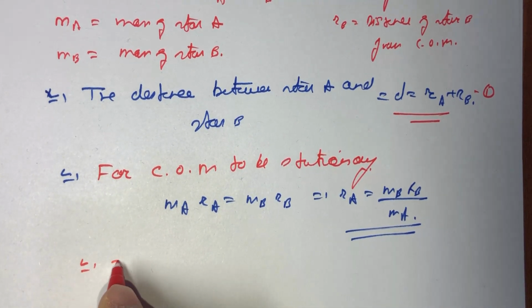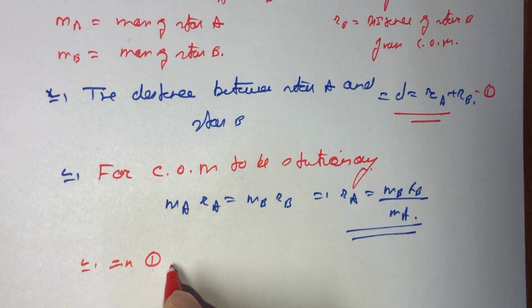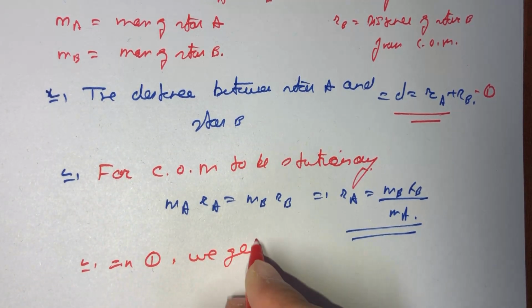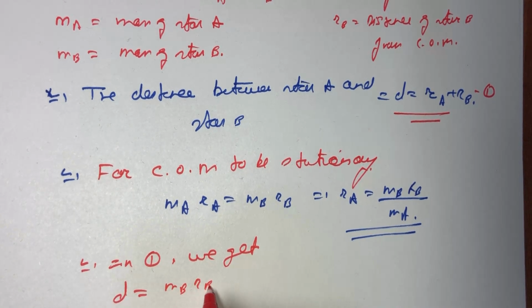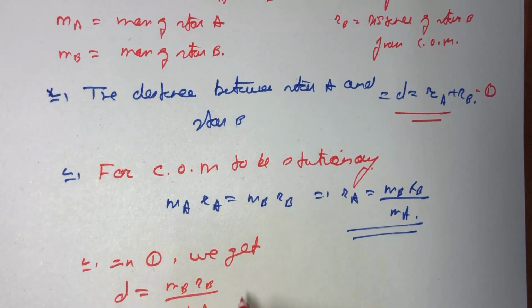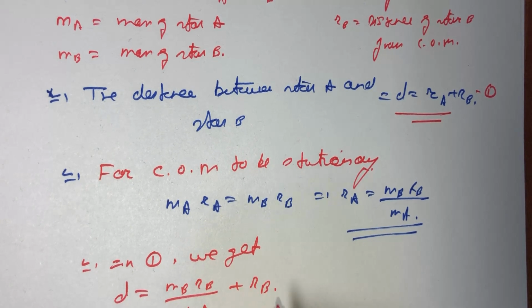Therefore, in equation 1, we get D is equal to, we have MB RB divided by MA plus RB.